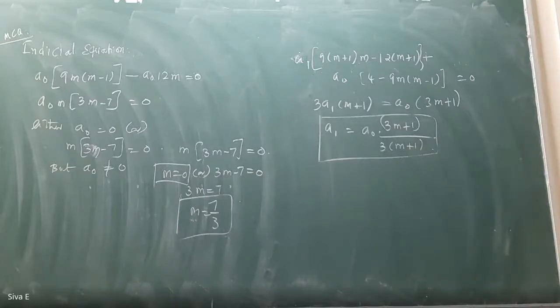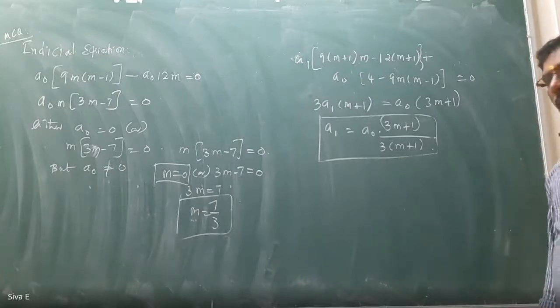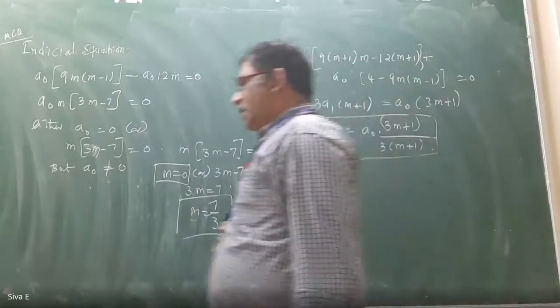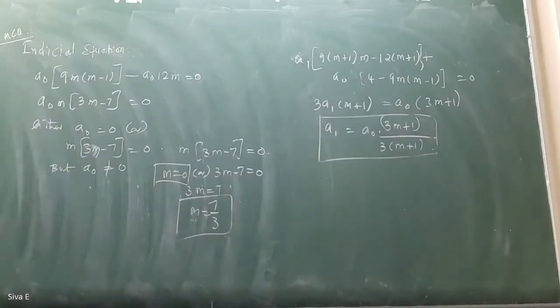So last class we solved the problem in a different manner. The same problem we are solving now, but in a different manner. So there is no compulsion that you have to follow some particular method. Whatever is convenient, you can follow.